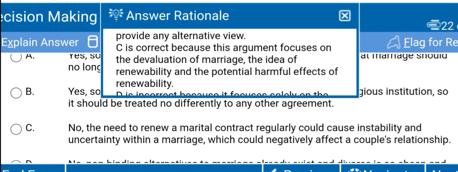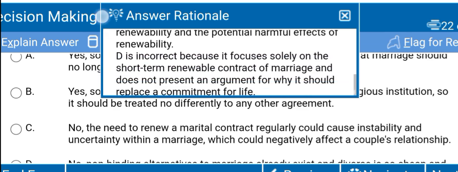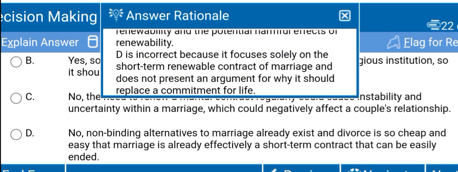Option C is correct because this argument focuses on the devaluation of marriage, the idea of renewability, and the potential harmful effects of renewability. Option D is incorrect because it focuses solely on the short term renewable contract of marriage and does not present an argument for why it should replace a commitment for life.